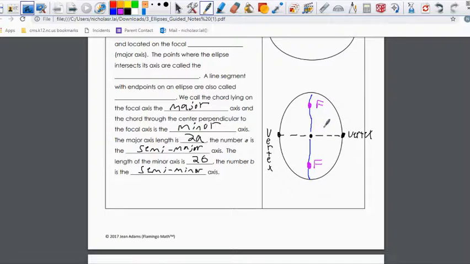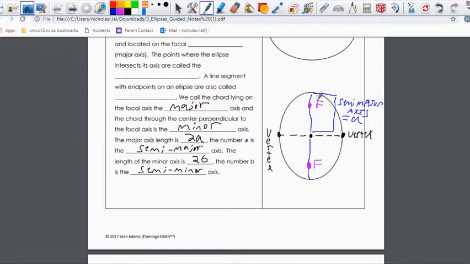Remember, this length right here, half of the major axis, is the semi-major axis, and that is equal to A. So the major axis is equal to 2A.